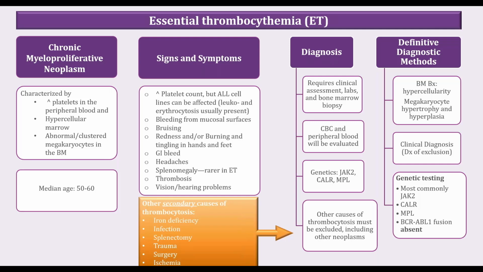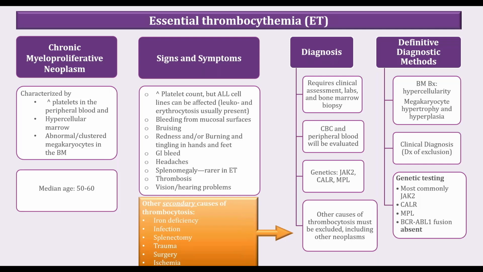So most common, again, JAK2, but CALR or MPL are also possible. And then, again, they're going to look to exclude other neoplasms. So they're also going to look for that BCR-ABL1 fusion to be absent as well.